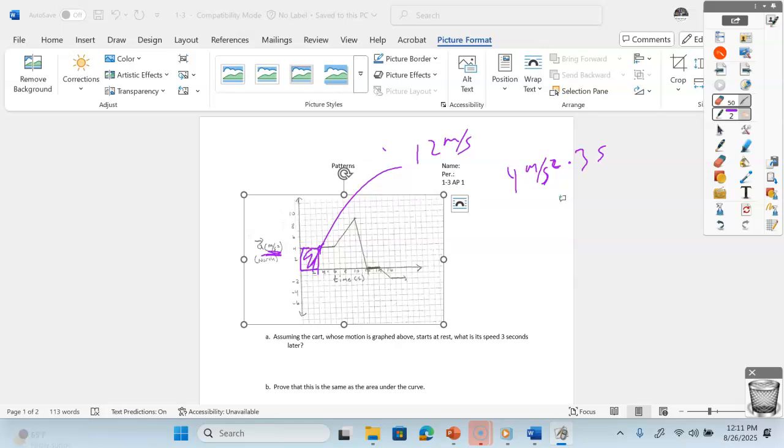That's just the equation right now. That's how you prove it's the same thing, right? The area of the curve would be 4 times 3. So you okay with that? One of the seconds cancels out, and that gives you, ironically, 12 meters per second, or not ironically at all, because that's what has to be.